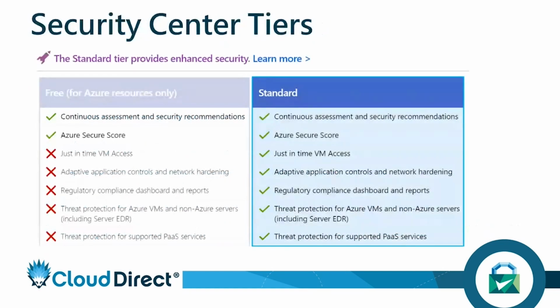So as I say, that comes with a free tier and a standard tier. This screenshot's actually from the Azure portal notes. They haven't actually updated what it includes, but the main additional functionality the standard tier gives you is things like just-in-time VM access, which we've mentioned already.